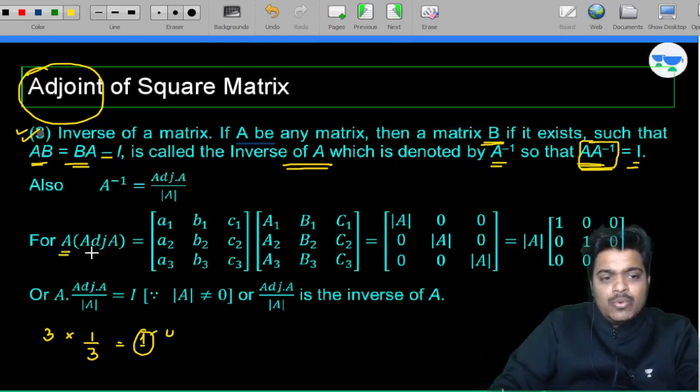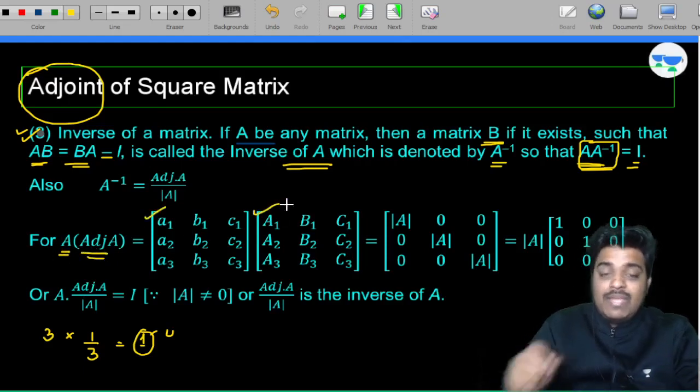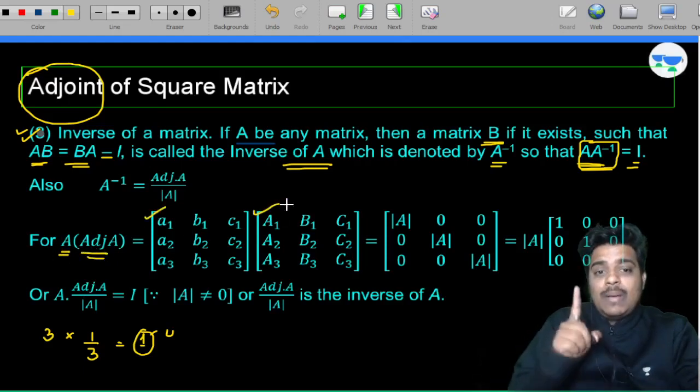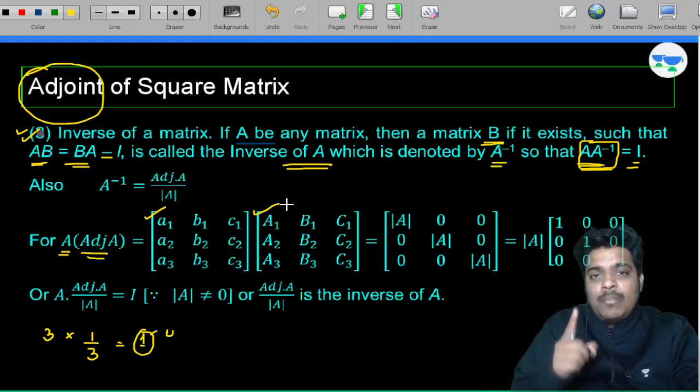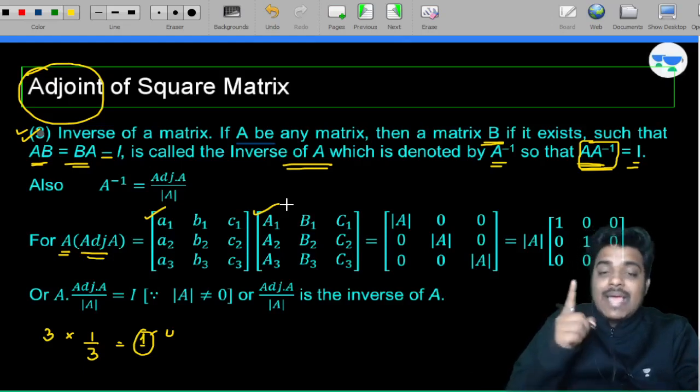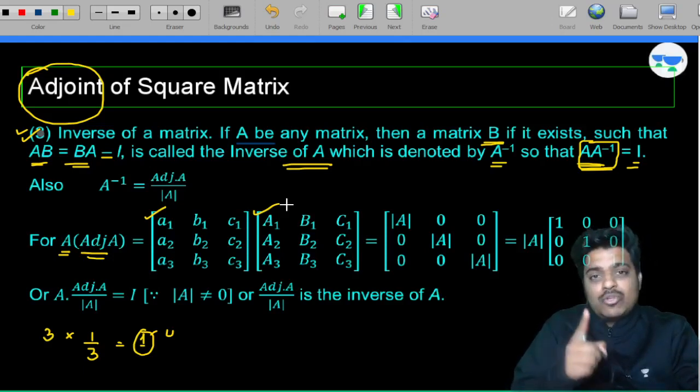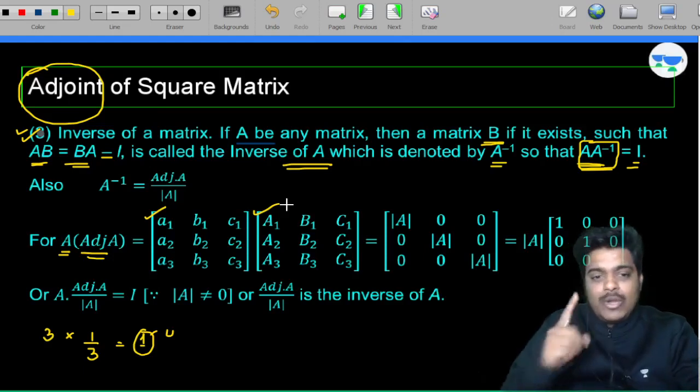A into adjoint of A. We have seen in the last video how to calculate the adjoint of a matrix: calculate the cofactors of each value, form a matrix of cofactors, and then transpose the matrix of cofactors to get the adjoint matrix.